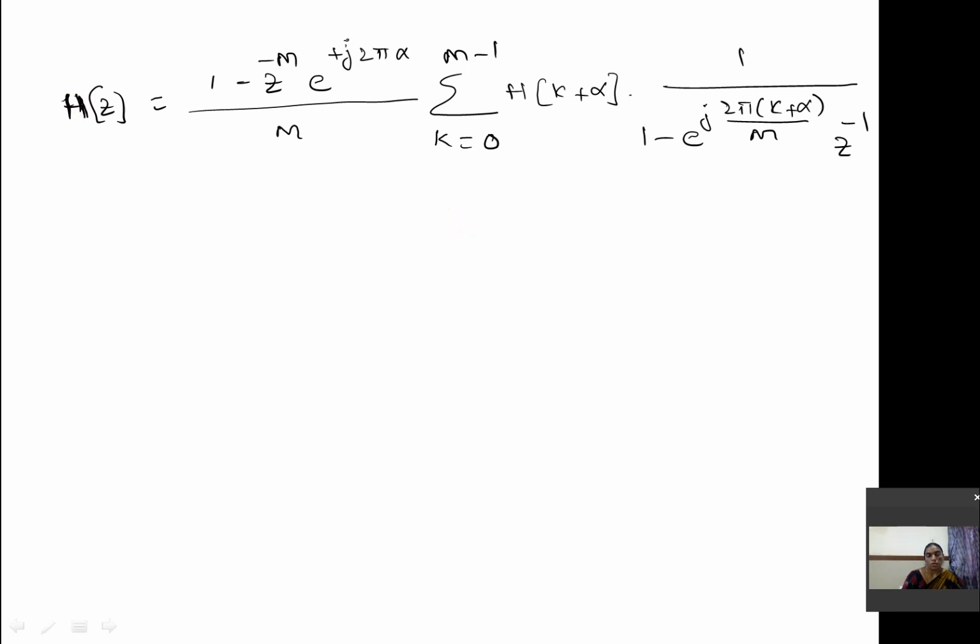Based on the particular desired one, we just take those samples only. So based on that H(omega) at omega equal to omega_k, firstly we determine h(n), then from h(n) determine H(z). So here this is the transfer function of the FIR system.